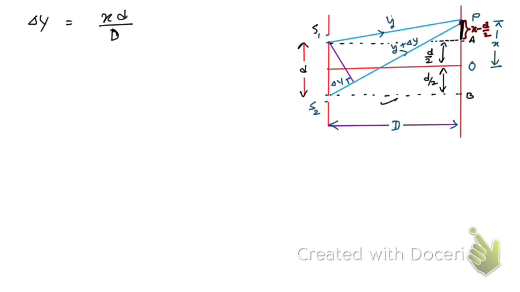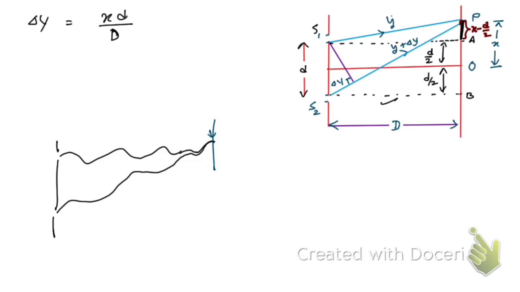Now you see, suppose these two are the sources of two waves. Here, if they overlap like this, crest on crest, then we will get bright interference, and in that case the path difference between these two waves must be equal to an integral multiple of lambda, either 1 lambda, 2 lambda or 3 lambda.